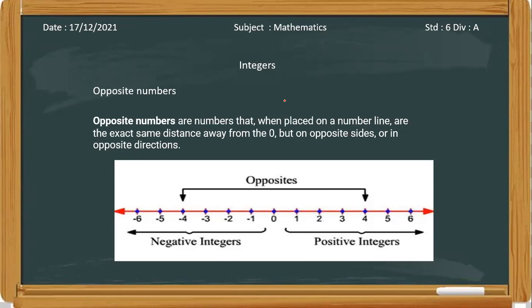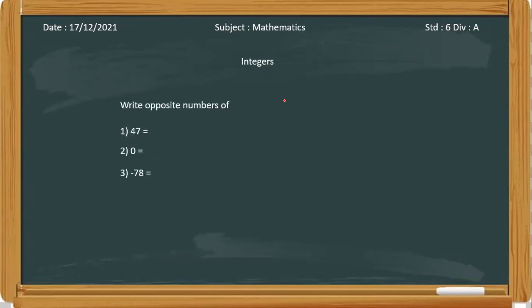We are going to use these opposite numbers and the rules of addition while doing our main topic, which is subtraction of integers. But before that, you are going to tell me the opposite numbers of 47, 0 and -78. So tell me the opposite number of 47.